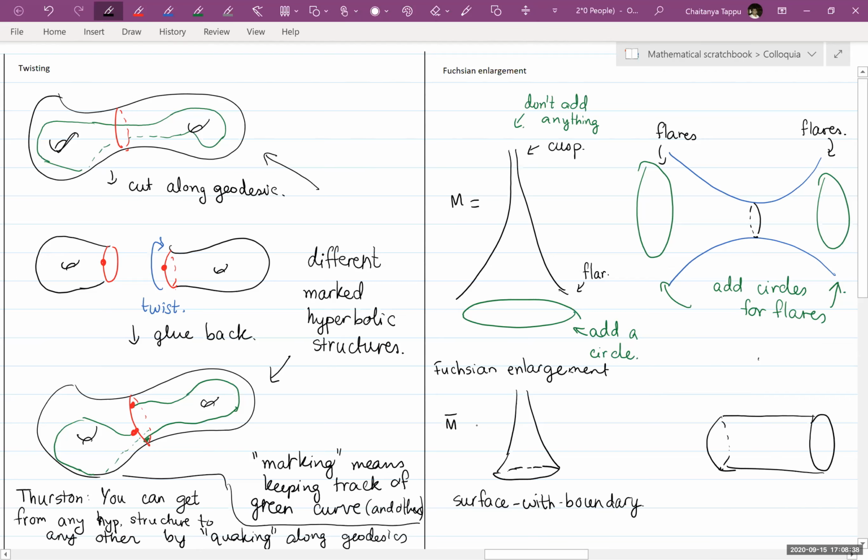So let's call this M bar. If this is N, this is N bar. And whatever you just added is called the Fuchsian boundary. So this is the boundary of M bar. This is the boundary of N bar. And the Fuchsian boundary just keeps track of where the hyperbolic surface grows very large.